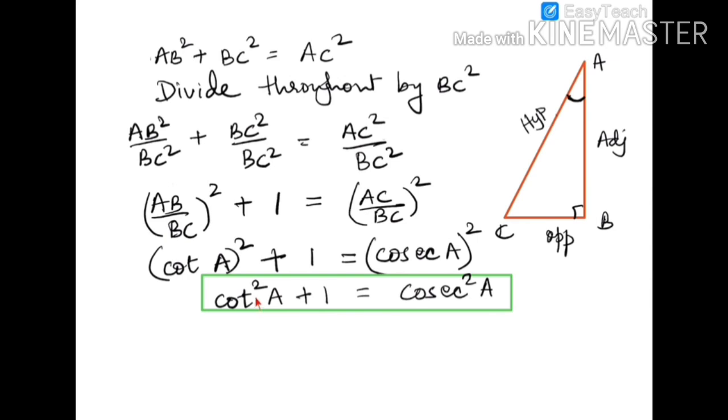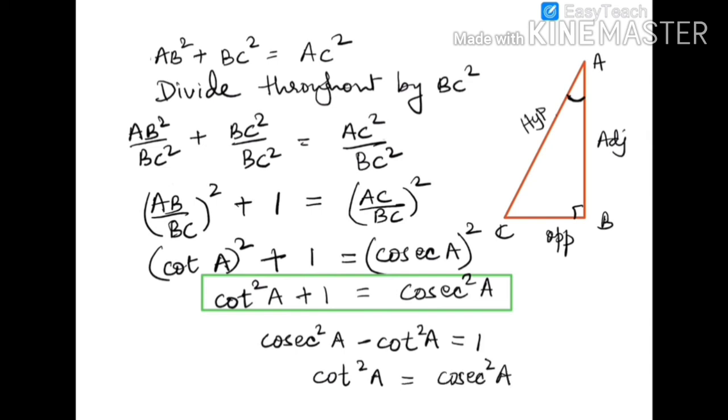If we take cot square A to the right side, we get cosec square A minus cot square A equal to 1. And if we take 1 to the right hand side, we will get cot square A equal to cosec square A minus 1.